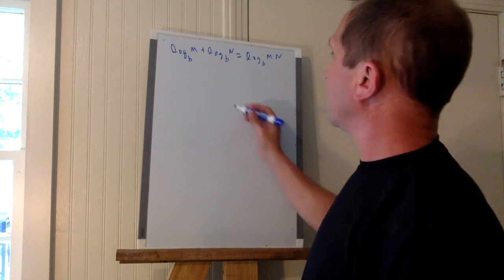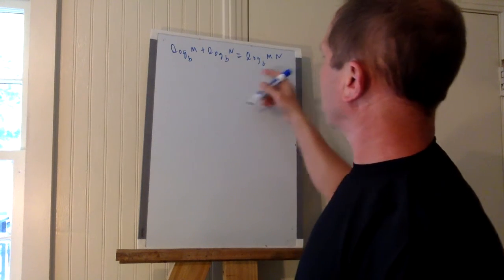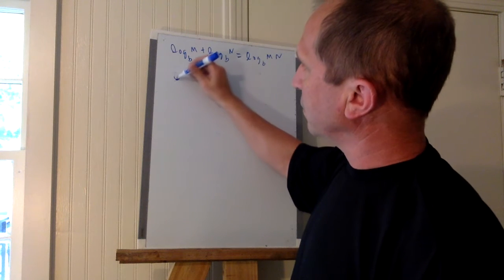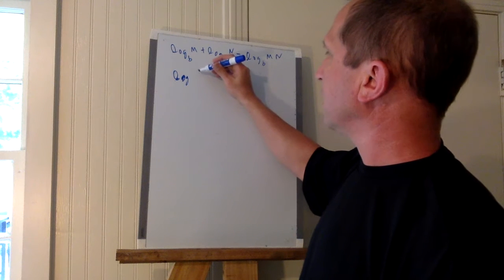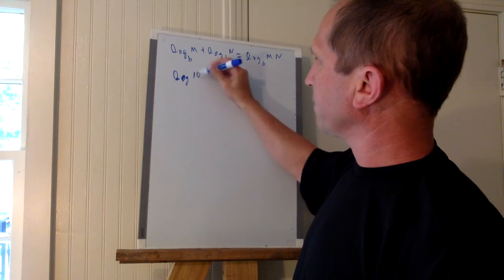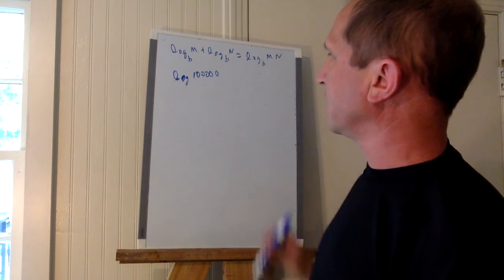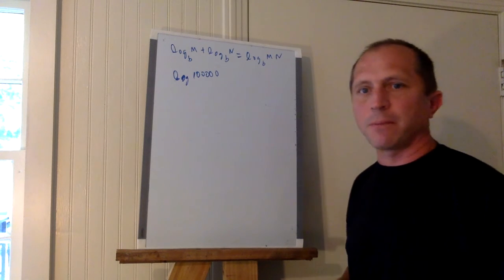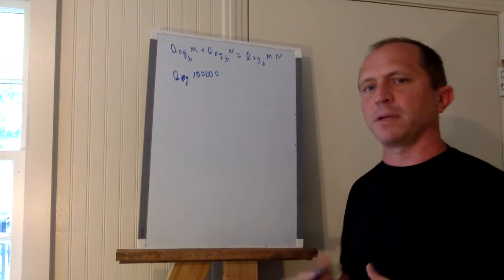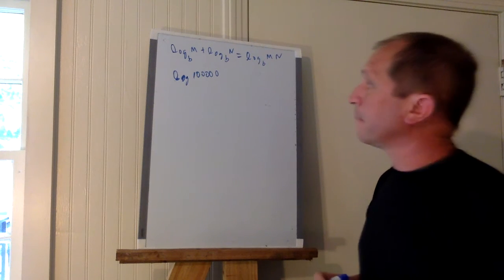Let's say that we have, and I'll start with this side first, the log base 10 of a million. Again, that's the common log. It's the common log because our number system is a base 10 number system.